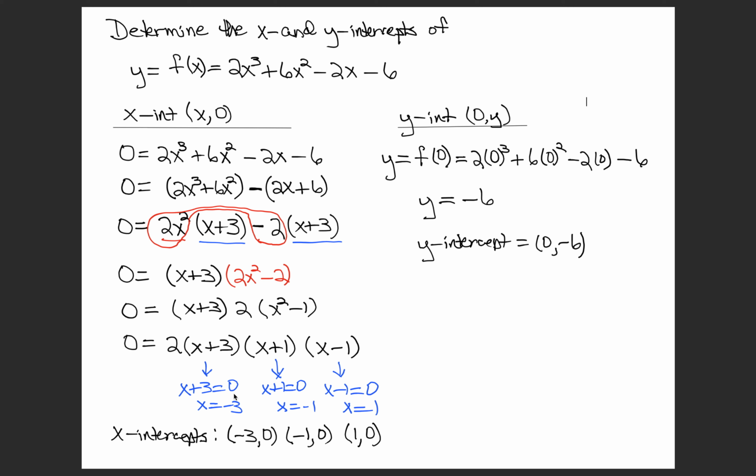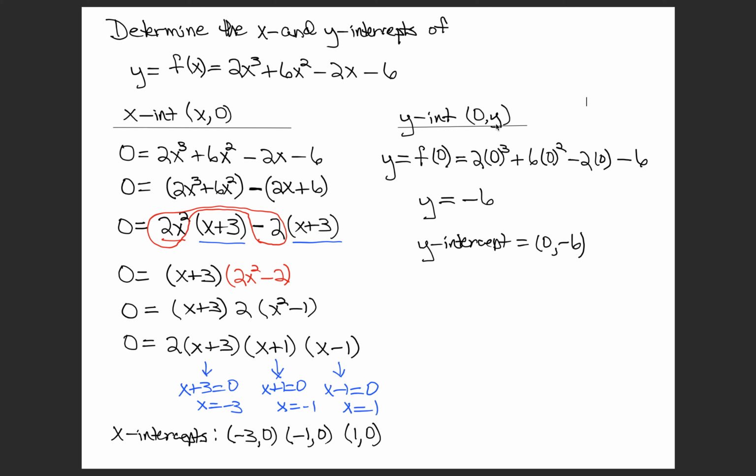And the zeros that we have, the x-intercepts, are x equals negative 3, another x-intercept at x equals negative 1, and one more at x equals 1. And if I display in coordinate fashion, for the x-intercepts, I have negative 3, 0, negative 1, 0, and also positive 1, 0.